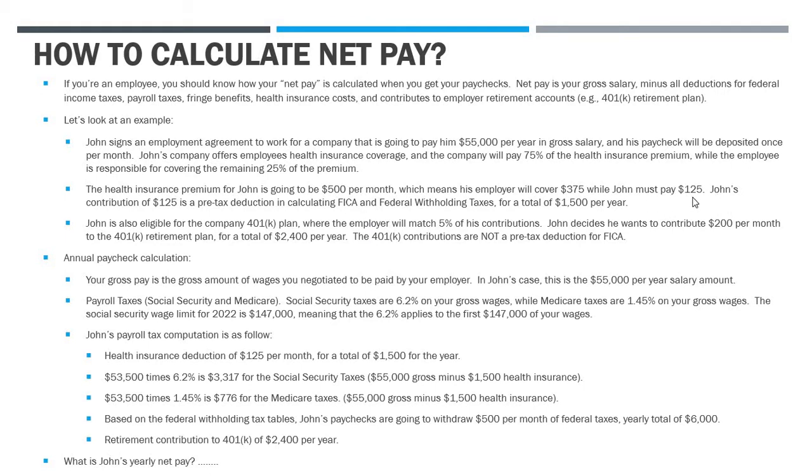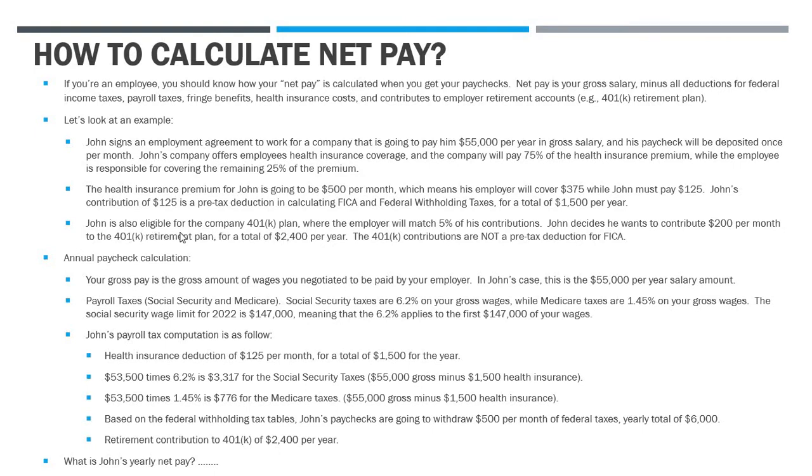So John's $125 a month times 12 is going to be $1,500 per year. This is a pre-tax deduction, okay? Remember, pre-tax means we get to deduct it before we start calculating the payroll taxes and the federal withholding taxes on his salary. Now, what about retirement?